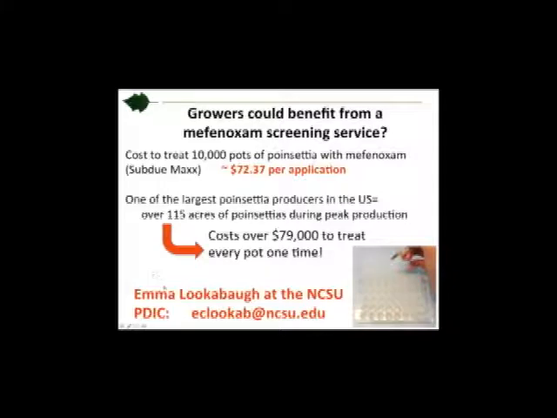So one of the other things that we did is we looked at the cost to treat poinsettias with mefenoxam or with a product that we call Subdue Max. And part of the reason why we were interested in this is that growers still tend to use mefenoxam, even though we see some resistance. And one of the reasons we feel this is an issue is because it's one of the lesser expensive products in comparison to etridiazole.